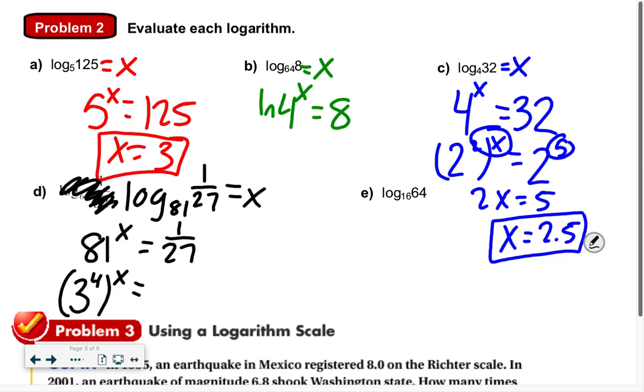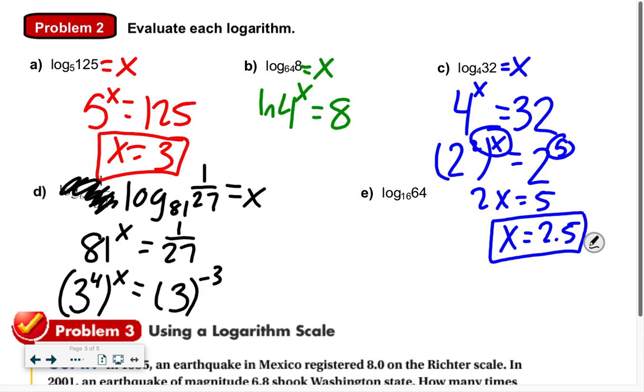I have a 1 over, so that means my exponent is going to be what? A negative. So then 3 to what power is 27? 3. Yep. So 3 to the negative third power.